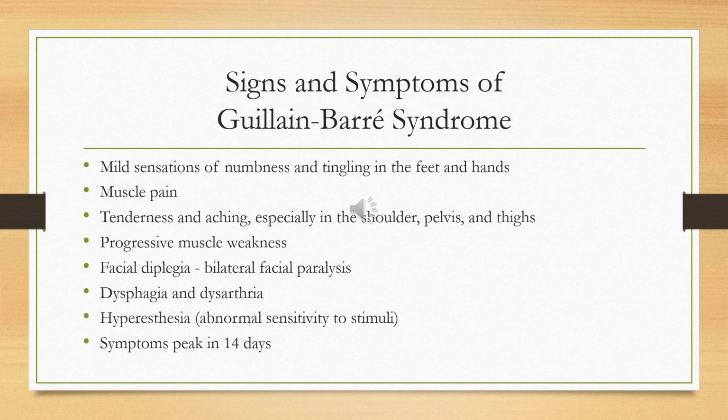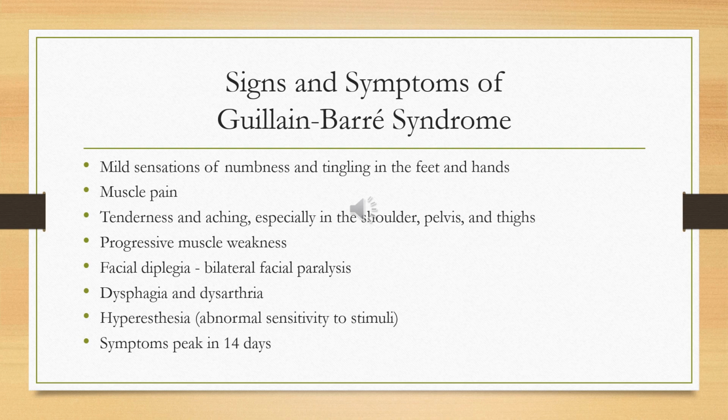There'll be a progressive weakness, some facial diplegia, which is facial paralysis, so bilateral facial paralysis, dysphagia, and these symptoms might peak within about 14 days. But like I said, about a good 95% of patients will spontaneously recover from the disease.